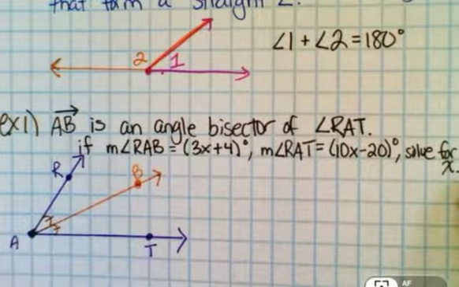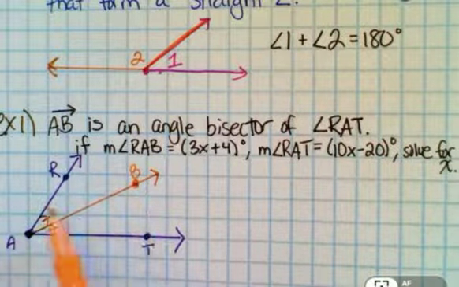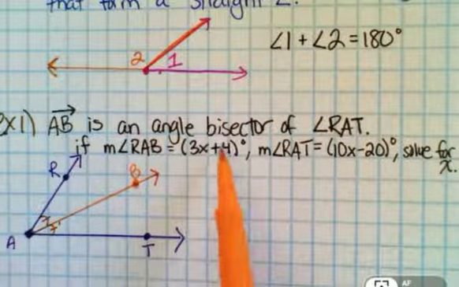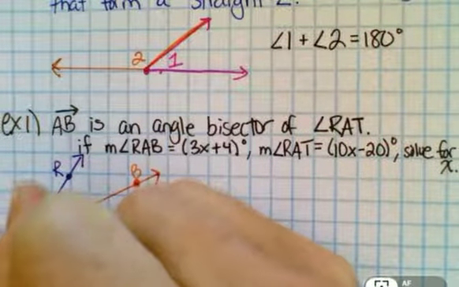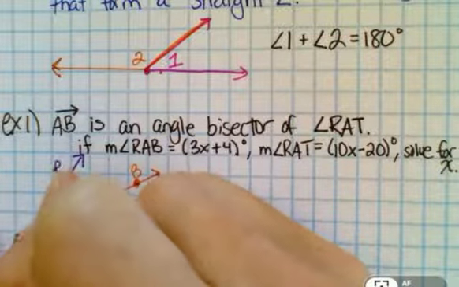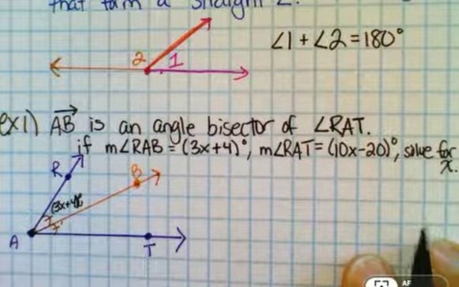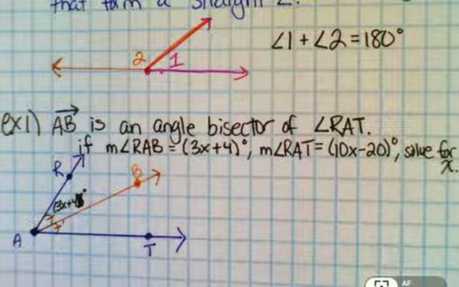Okay. Then it says if the measure of angle RAB, so that's this angle here, is 3x plus 4 degrees. Well, before I do anything else, I'm going to write that down. 3x plus 4 degrees. Well, that's super sloppy. Hopefully you can do a better job. 3x plus 4 degrees.